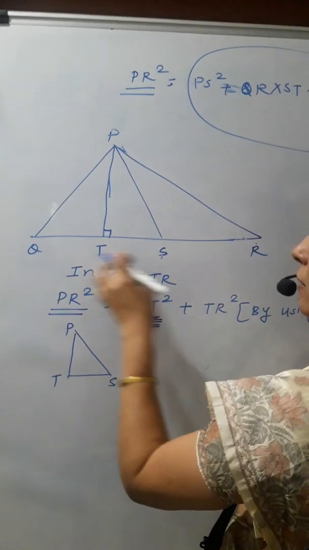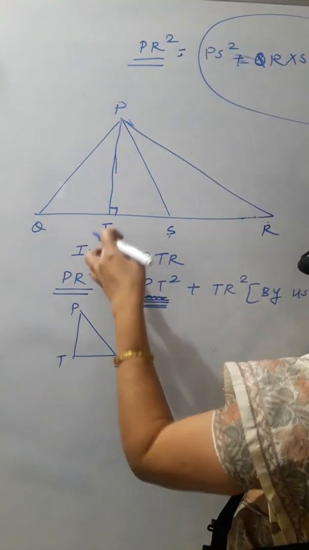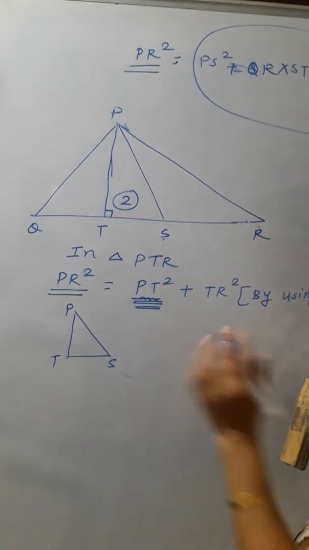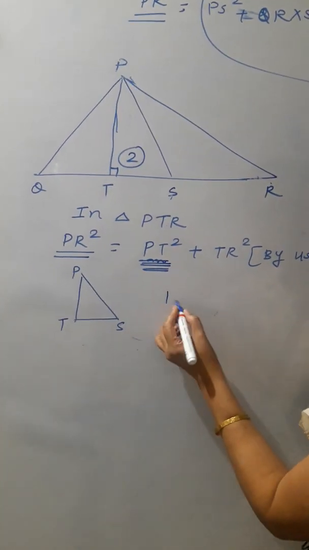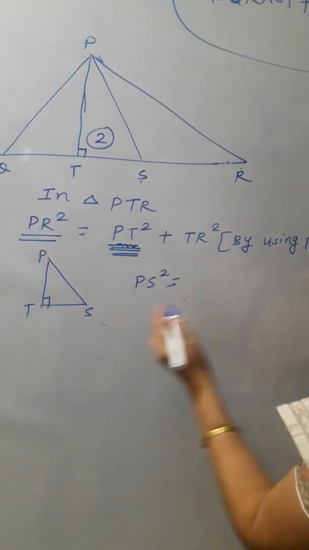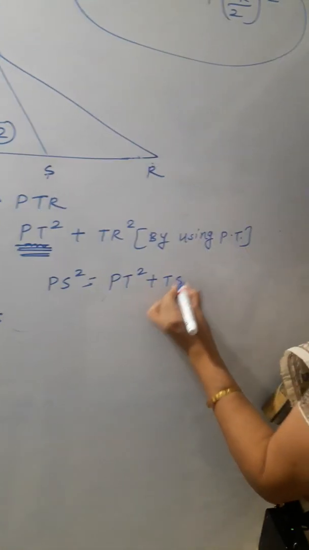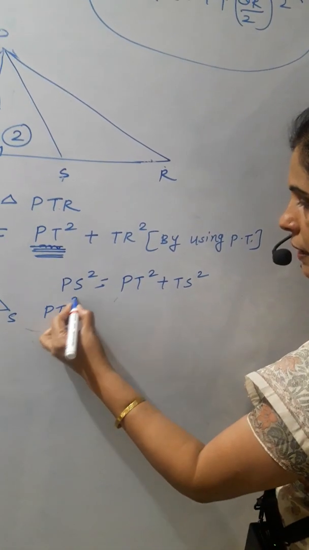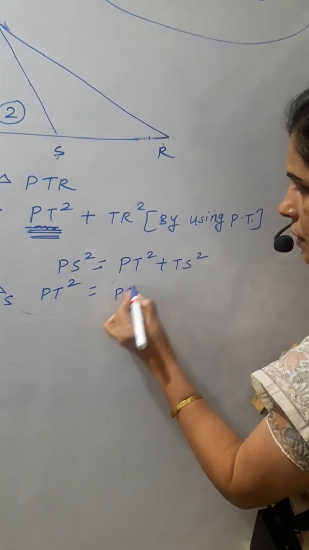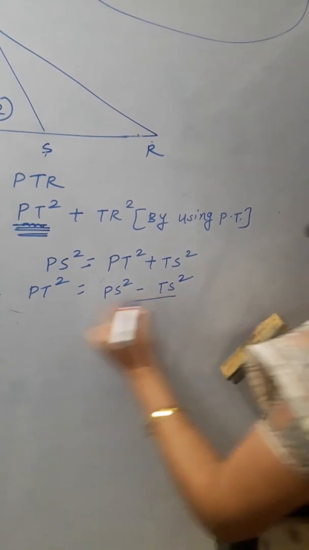Therefore I have taken this triangle PTS, middle triangle, triangle number 2. So here I am using Pythagoras theorem in this triangle. So PS square, hypotenuse square, is equal to PT square plus TS square. Here I am getting the value of PT square. I will transfer this TS square here. So the value will be PS square minus TS square.